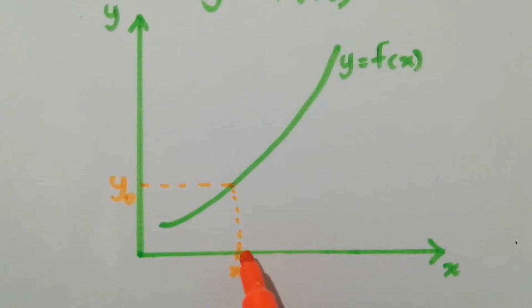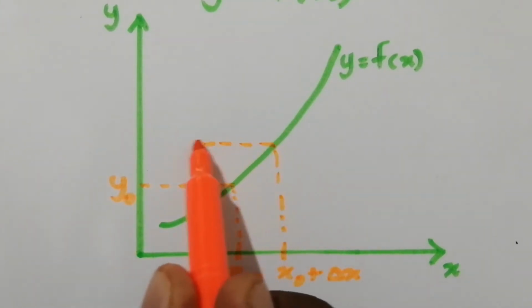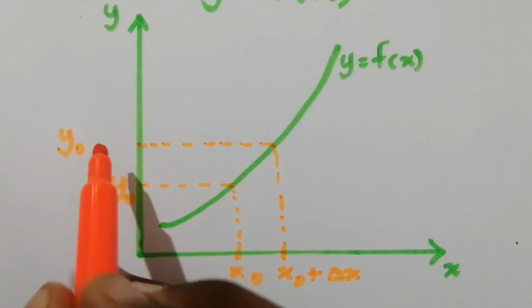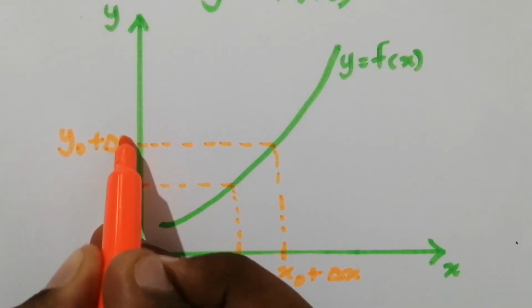Now when I increase this x0 by a little amount delta x, here the coordinate is x0 plus delta x, then the corresponding y value also will change by a little amount. Here I am considering it as y0 plus delta y.